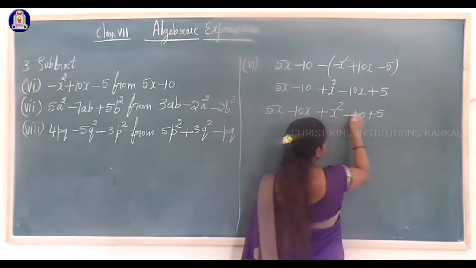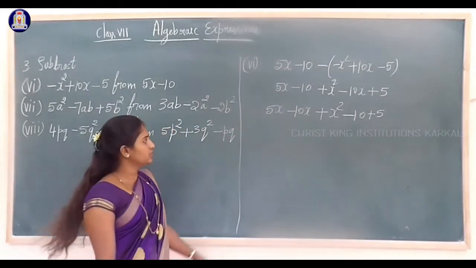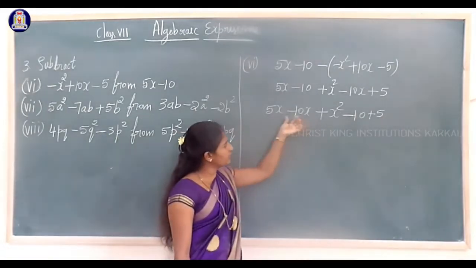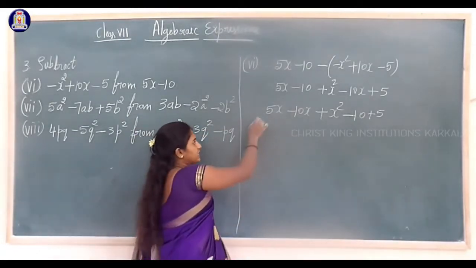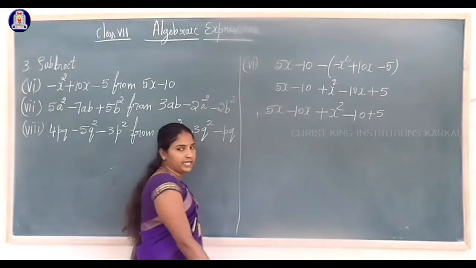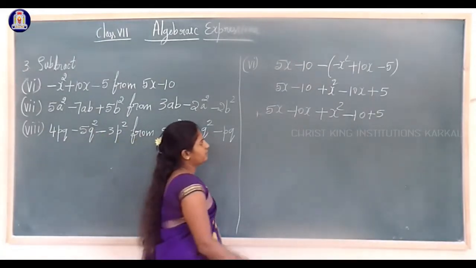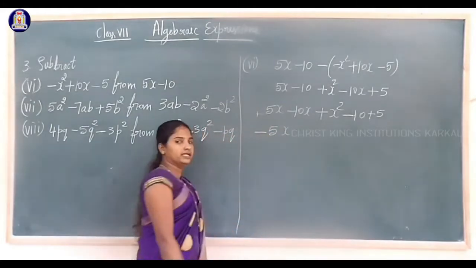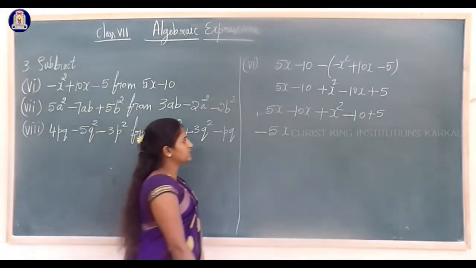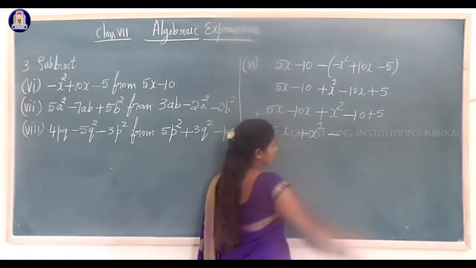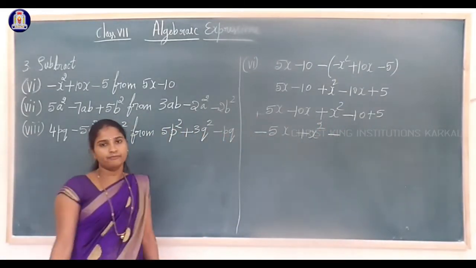Here 5x minus 10x have the same variable with different signs, plus and minus. Subtraction, so 10 minus 5 is 5x. The greater number is 10 and its sign is minus. So minus 5x plus x square minus 10 plus 5.